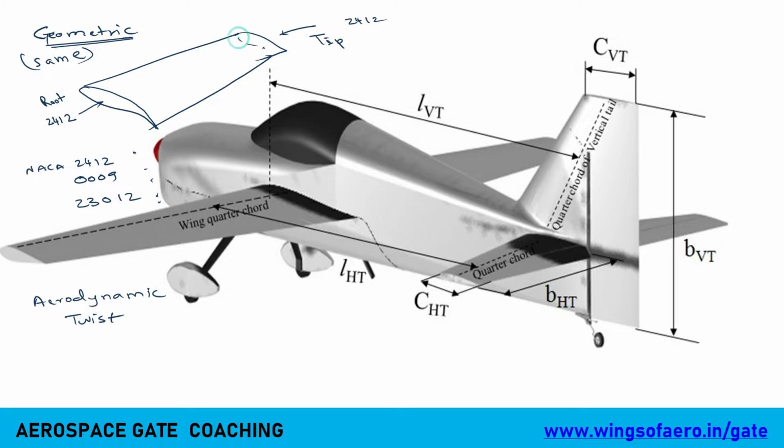But what is the difference? This angle of attack or this angle of attack may differ. If this angle of attack is 0 degree, here I might increase or decrease by plus or minus 1 degree. So this defines a geometric twist.